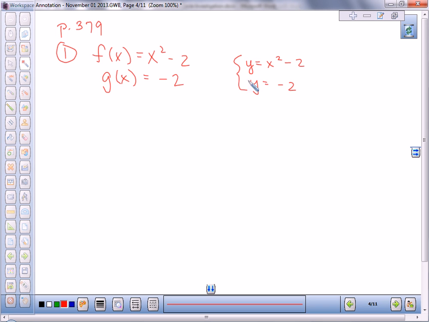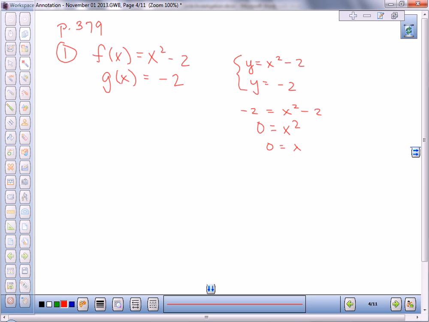All I would have to do in this case is use substitution, plug in the negative 2 for y, and solve for x. Do we all see that x equals 0? Yes, x does equal 0. Now, how would we find y? We could plug back in.